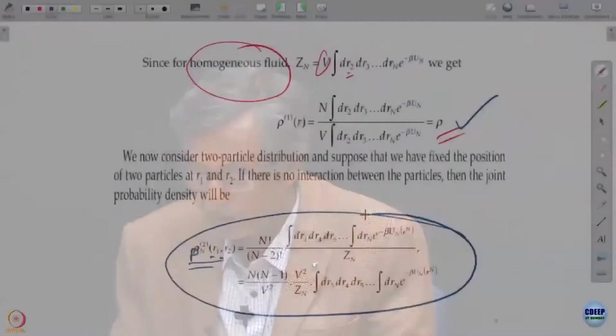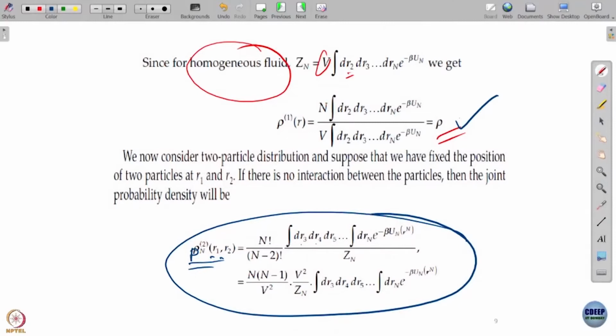This is a tremendous simplification and something people should be aware of. So from the last expression I get this: I integrate over R3, R4, R5 to Rn, with the configuration integral, Mayer's configuration integral, and n factorial over (n minus 2) factorial. Now I can start seeing how rho squared will come out.